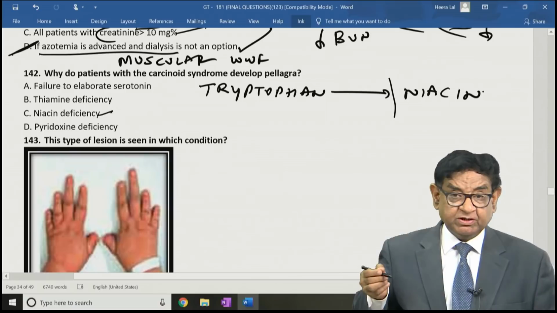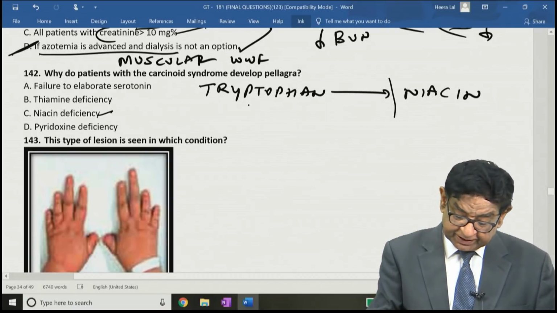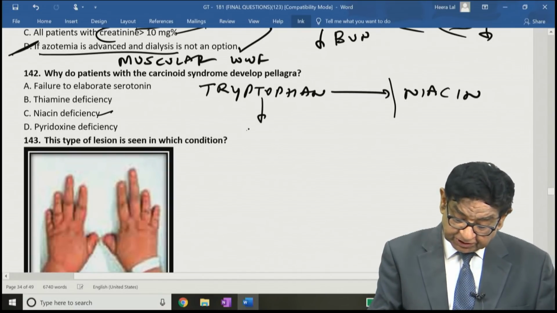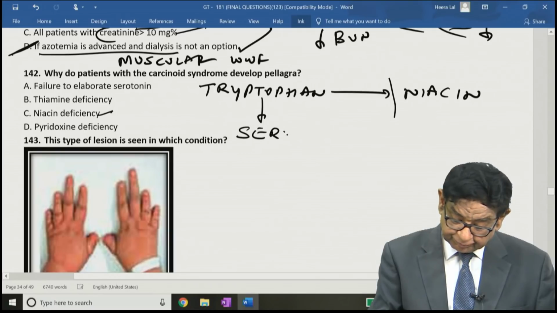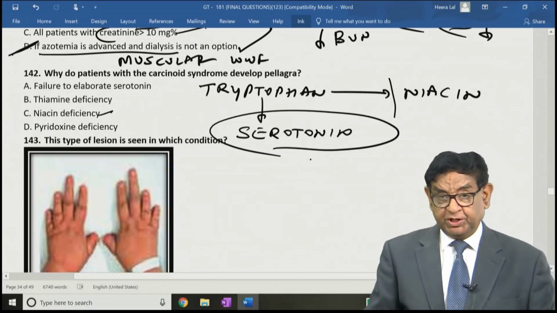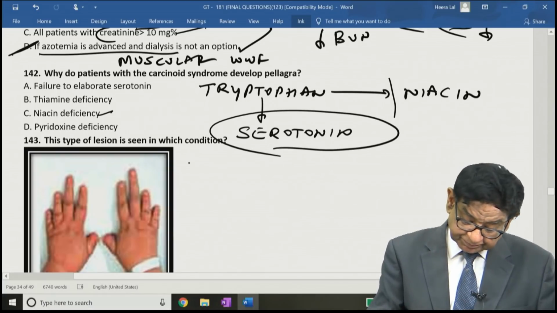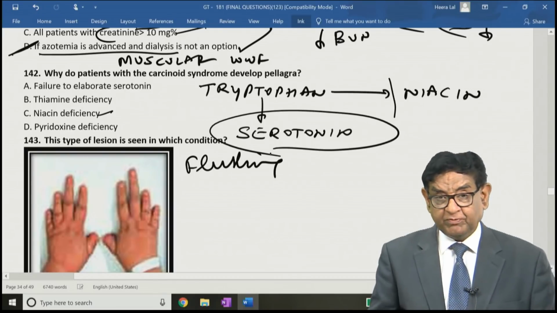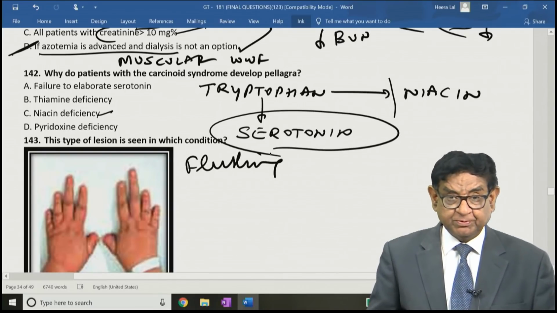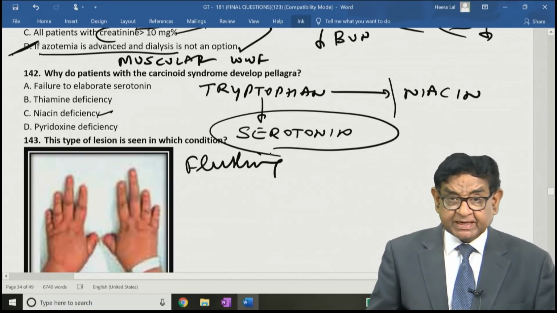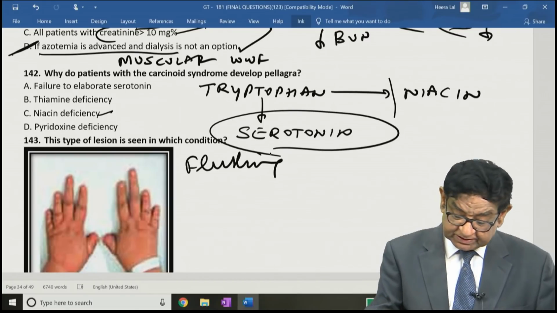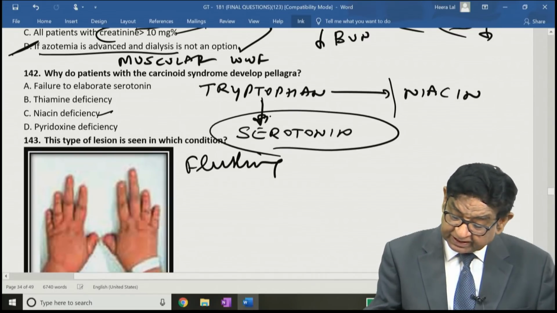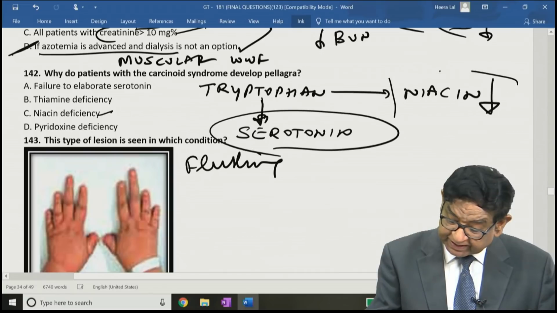But in case of carcinoid syndrome, this tryptophan is converted into serotonin. And it is this molecule which causes flushing and all the problems we have with carcinoid syndrome. But at the same time, as more and more serotonin is being produced, definitely the reaction is diverted toward this side, and that will lead to deficiency of niacin.